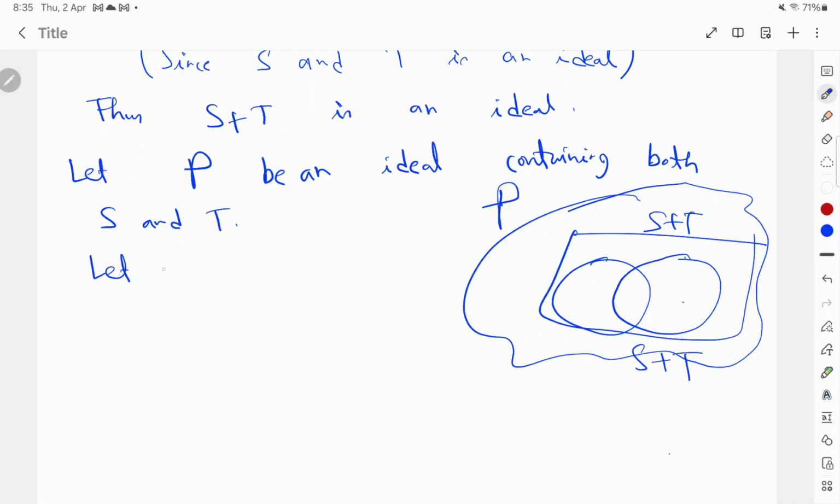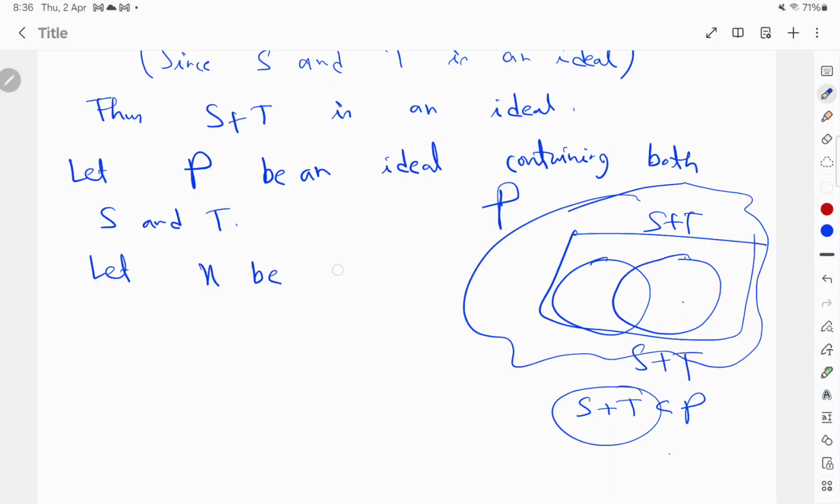So your job is to show S plus T is a subset of P. This you have to prove, right? Obviously we will start from any element of this set, then we will show it is inside P. That's it.